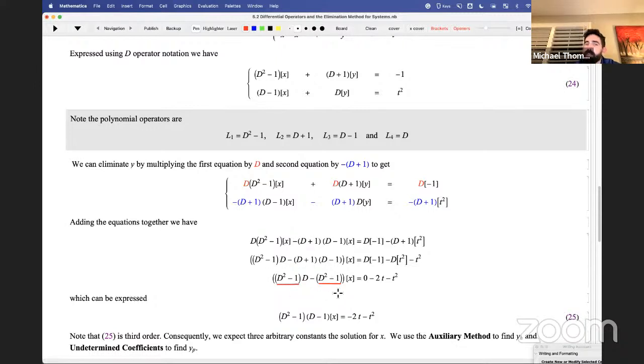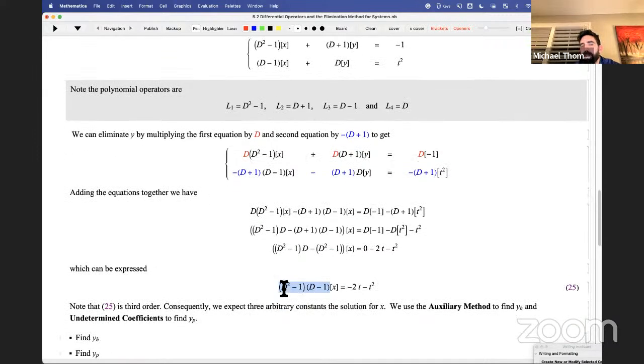I can factor the D squared minus 1 out of both of these terms, which leaves me with a D here and a negative 1 there. That okay? Okay, so there's our uncoupled equation in X. This is a differential equation. I know it's weird looking at it like this, but what's the order of this differential equation?